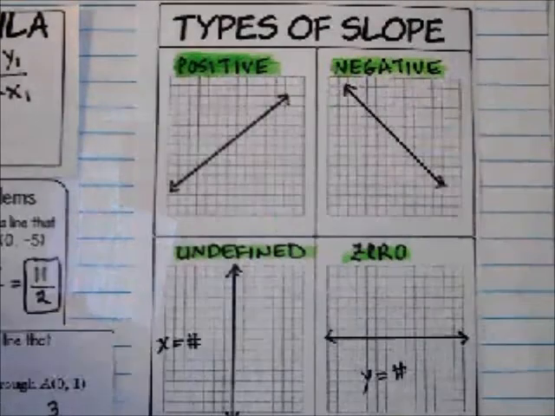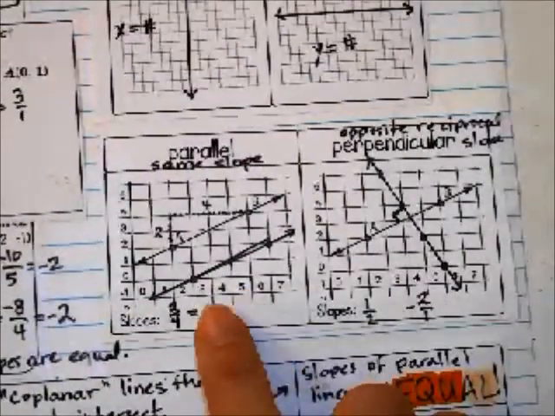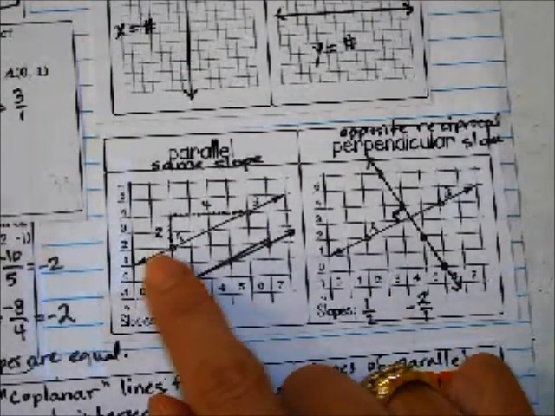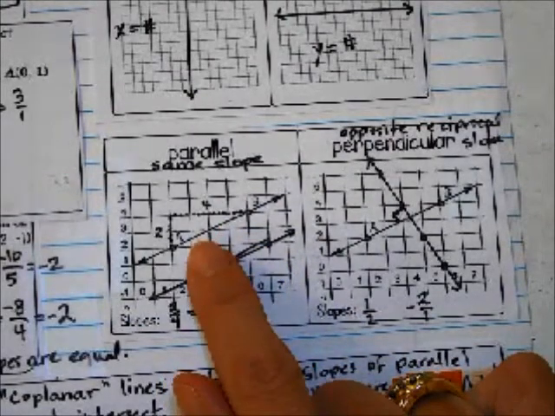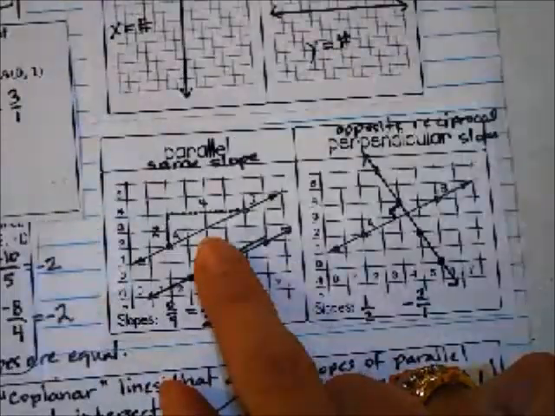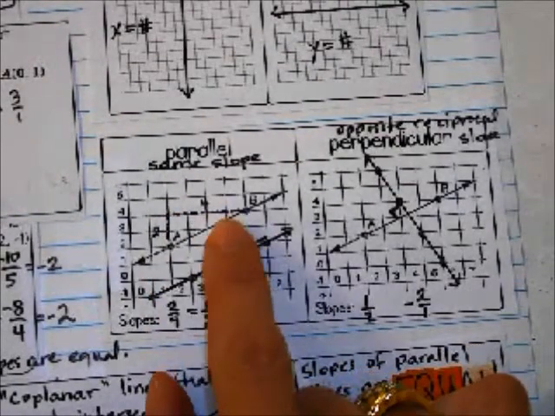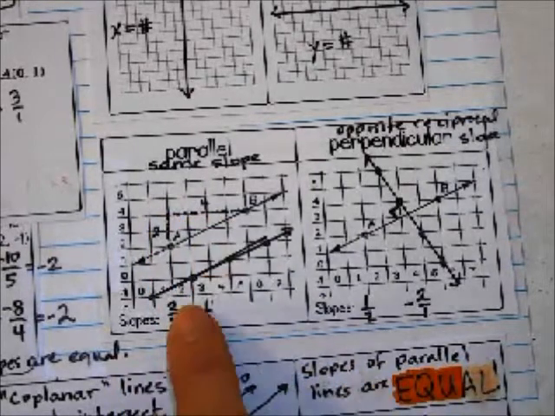The next thing I want you to do is create another line that has the same slope as this line that's given on the paper. If you notice, the slope of this line is 2 over 4. Rise over run is 2 over 4, which reduces to 1/2.